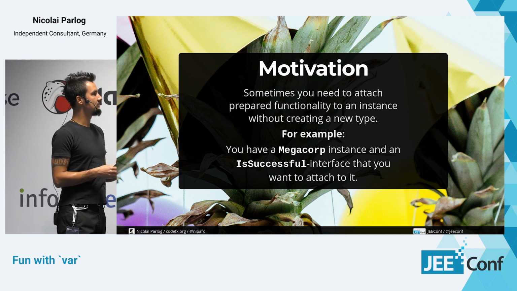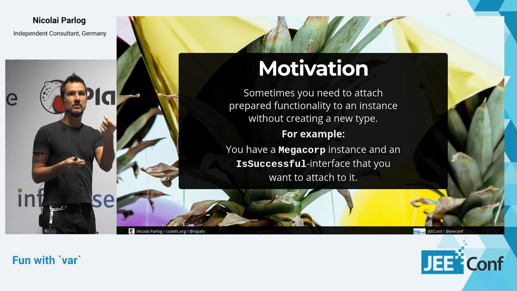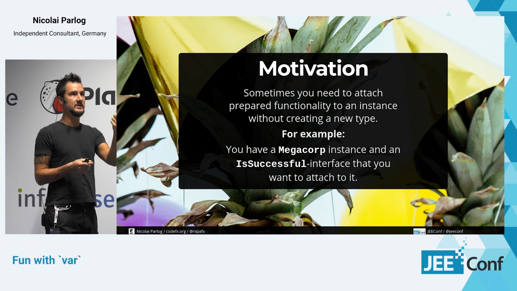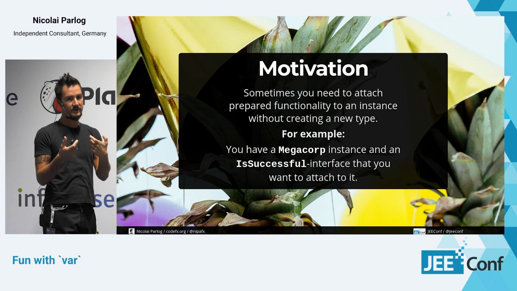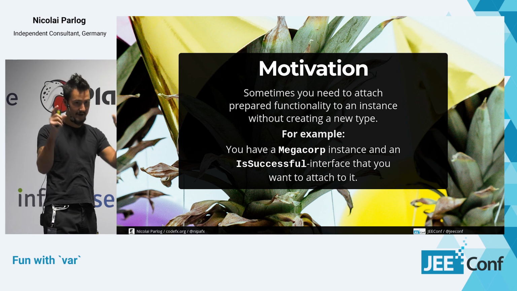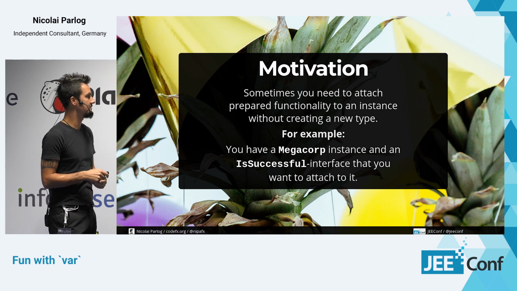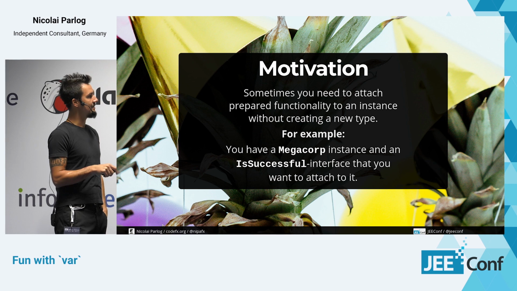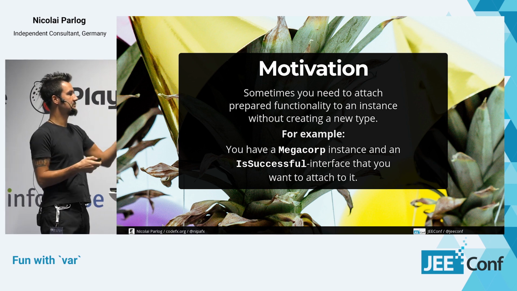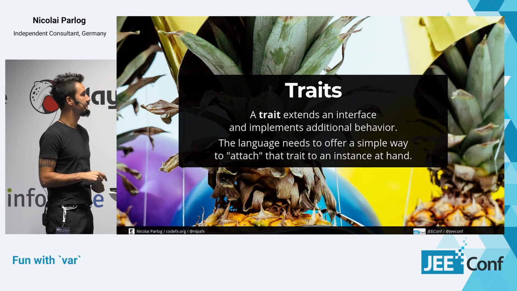But sometimes you want to attach functionality to an instance that you already have. You have an instance of something, and you just want to add a couple of methods that you can then call later. But you don't want to create a new type for that, right? So you don't want to do this at compile time. You basically want to put stuff together at runtime. So let's say we have an interface called megacorp, and what we don't have is a way to attach functionality that checks whether this megacorp is successful.